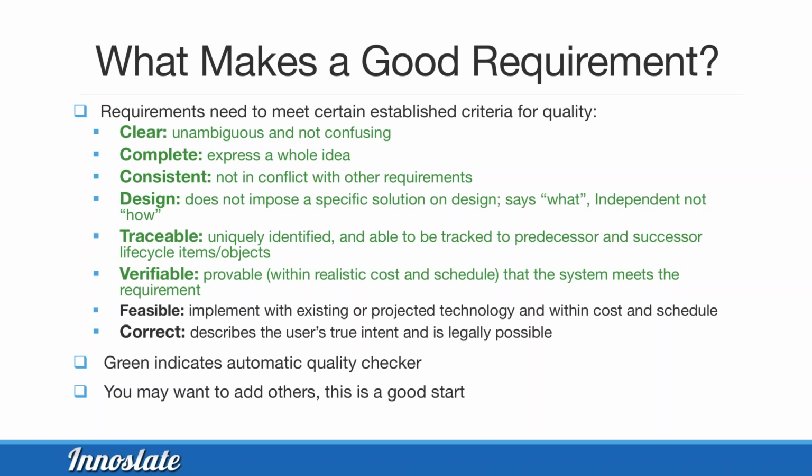So you can, of course, add to those if you want to, or even subtract from them. You can hide these, and you don't have to actually do all of them. So again, this is a way to get to a good requirement.